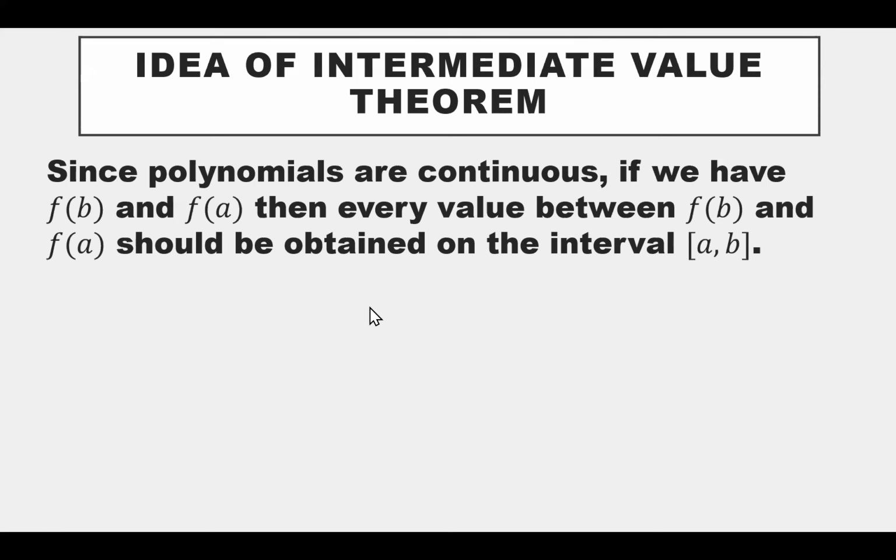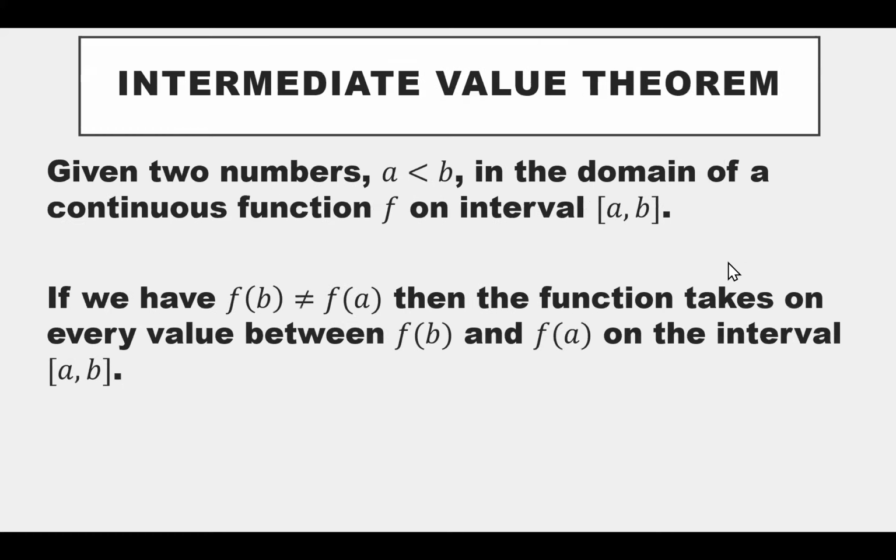So that's the idea behind the intermediate value theorem, that every y value between f of a and f of b should be obtained somewhere on the closed interval between a and b. This is how the intermediate value theorem is actually stated.